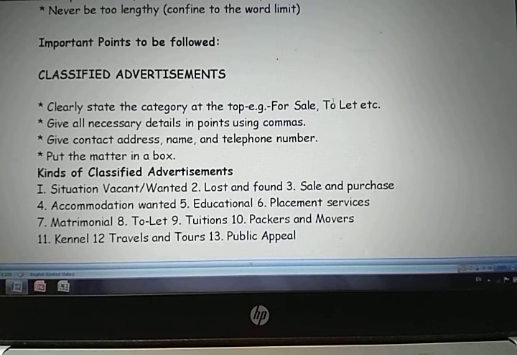Pets, travel tours, all these things are there. So from tomorrow again I come with a question and I explain how to answer that. I think you have some fundamental idea about the advertisements and what these are.